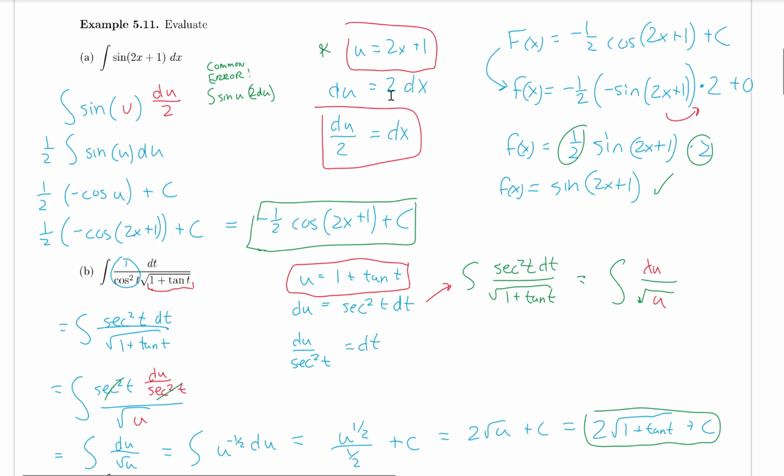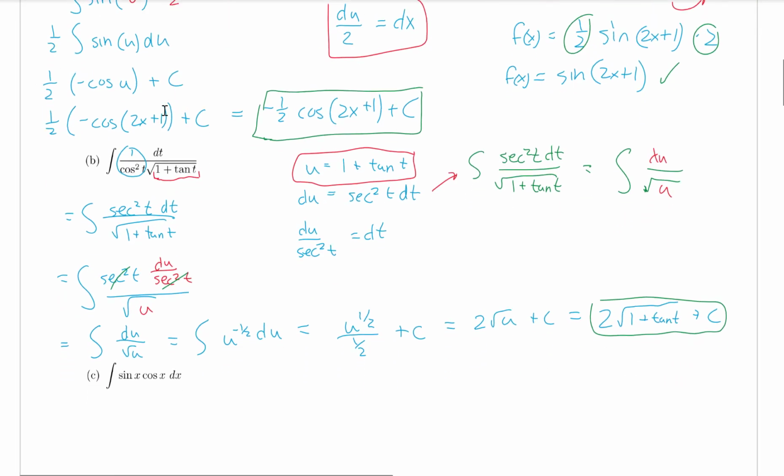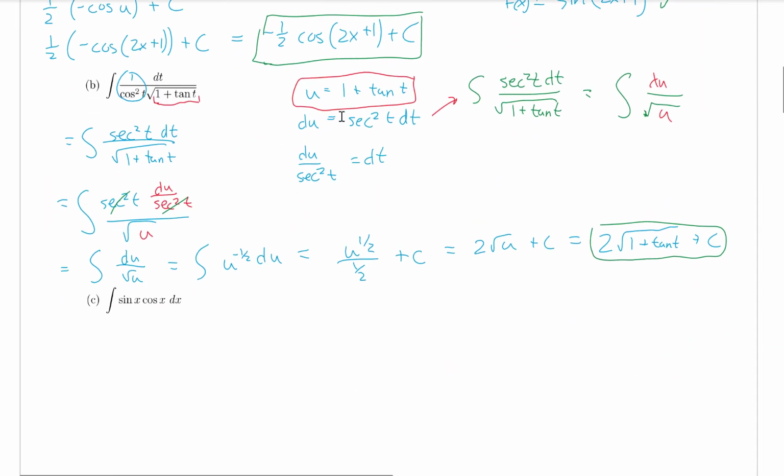So when I advise people to solve for dx and substitute that in, it'll get them to get the 2 in the denominator like it's supposed to be. So in example B, that's not as much of an issue because the substitution is direct. But when you're getting a constant, a lot of the time when you solve for dt like we did over here, you're going to get the constant in the right part of the numerator or the denominator by solving for dt.